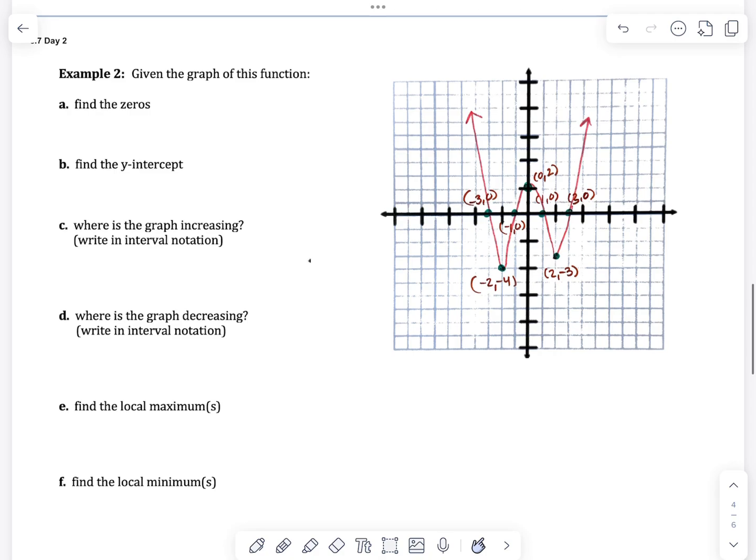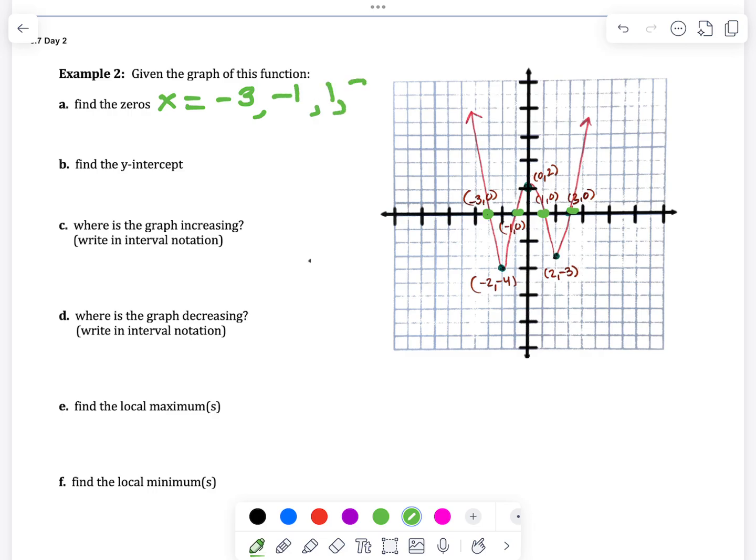All right, here's a second example. We're giving you a new graph. Let's go ahead and identify the zeros. So here are our zeros in those green dots. So the zeros are at -3, -1, 1, and 3.